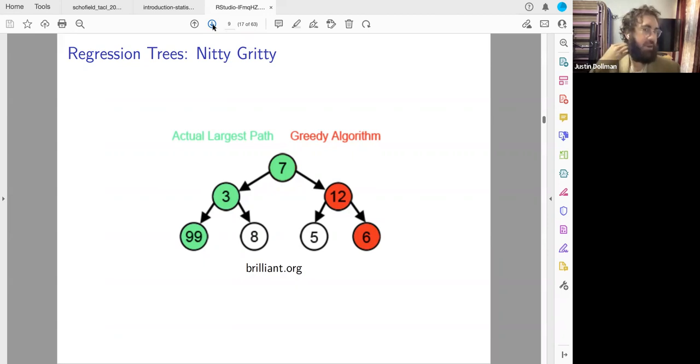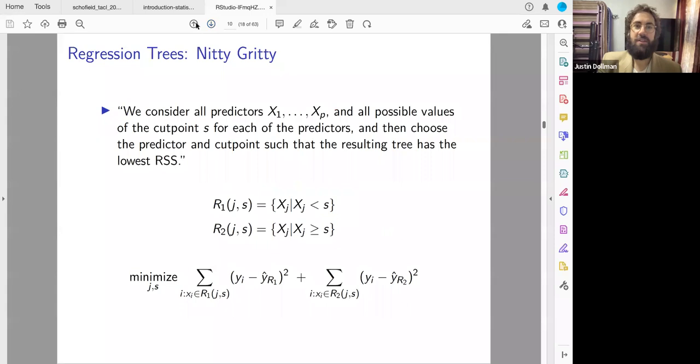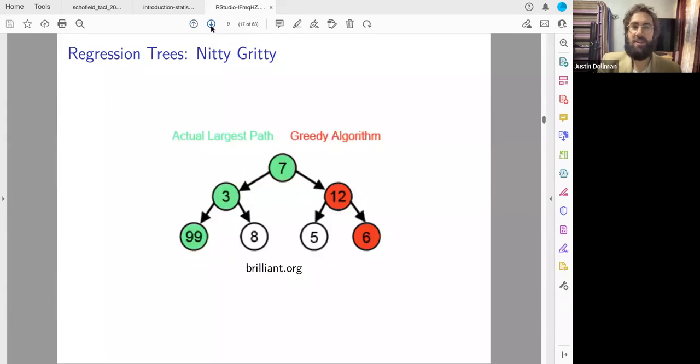But the same thing could happen in trees, because path dependent exploration of feature space is a fancy way of saying what can go wrong. All right, any questions about that? Now I'll get on to the binary splitting part, if there are no questions.